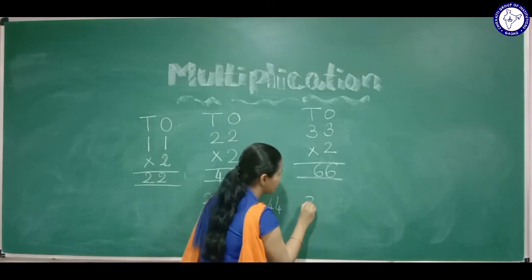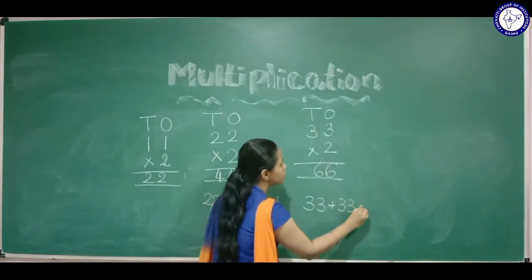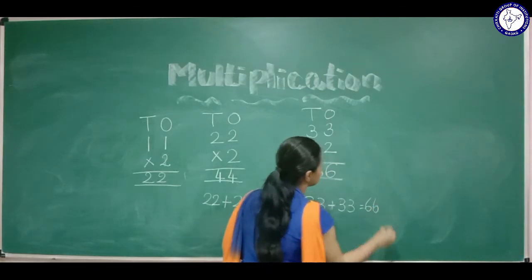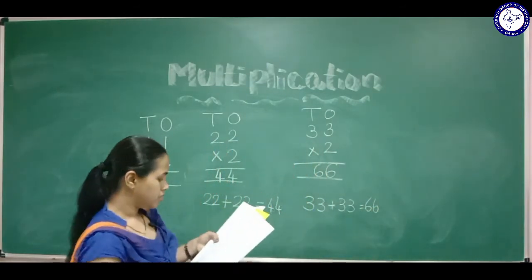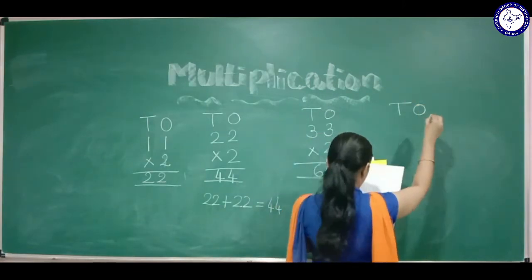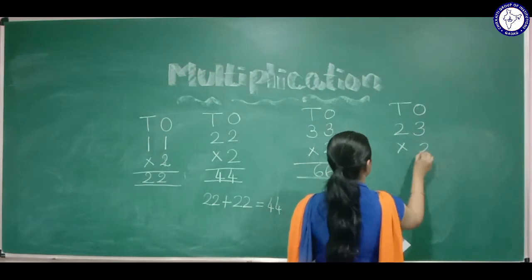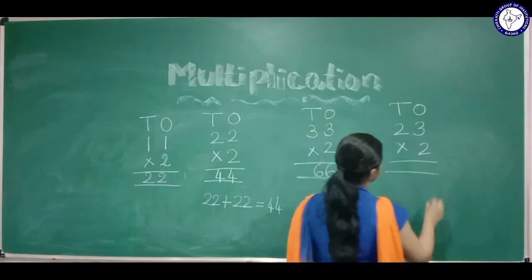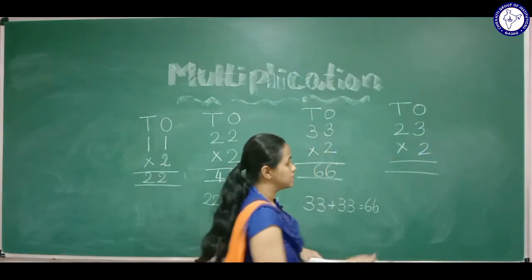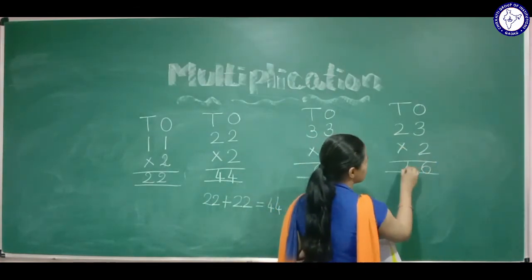Again the same thing, 33 plus 33 is what? We got 66, right? So here, tens and ones, 23 into 2, right? 2 threes are 6, 2 twos are 4, right?